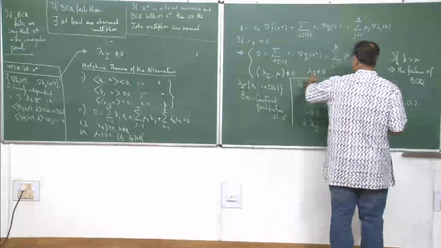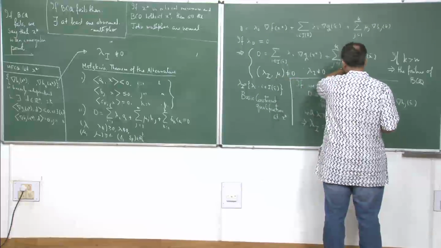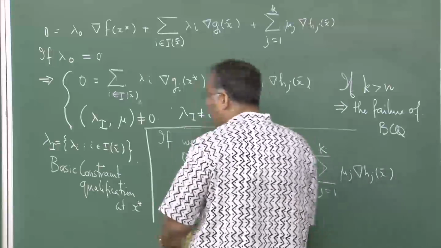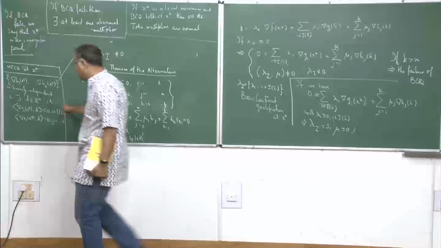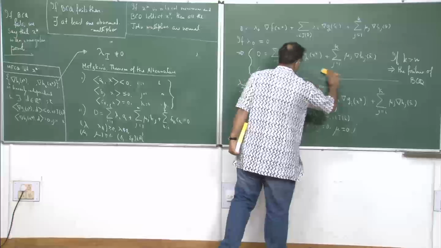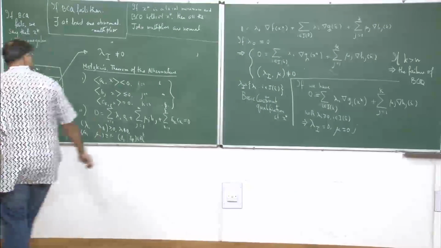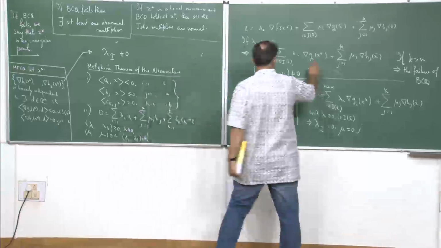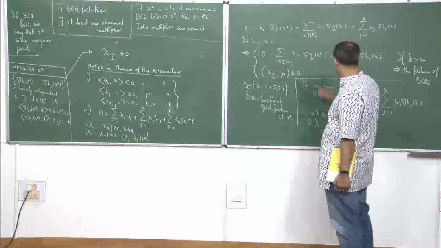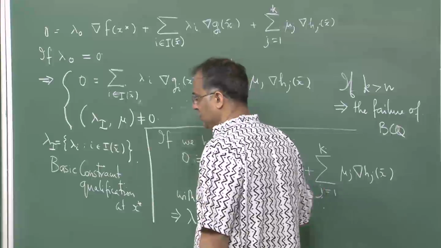So, there cannot be any lambda I vector not equal to 0, and any mu in Rk for which this will be true, which means if this system has a solution, this system cannot have a solution, which means the BCQ will hold.